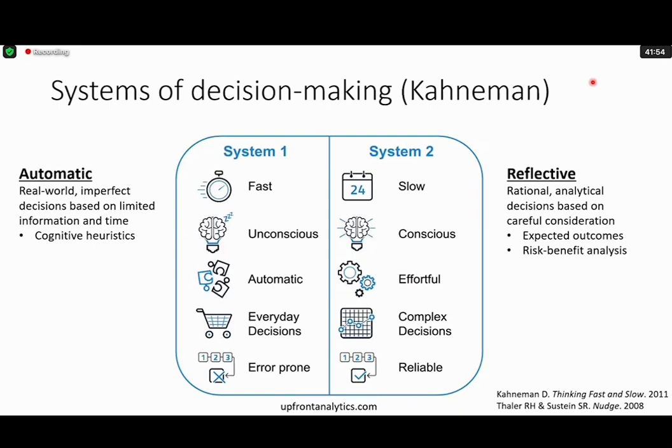So this is a well-known theory about how people make decisions. We like to think that we as doctors are generally reflective people, that we take a second, we are rational, analytical, and we make our decisions based on the expected outcomes, like evidence-based medicine would suggest, and that we do risk-benefit analysis taking into account all of the possible outcomes that could result for a decision on a patient.